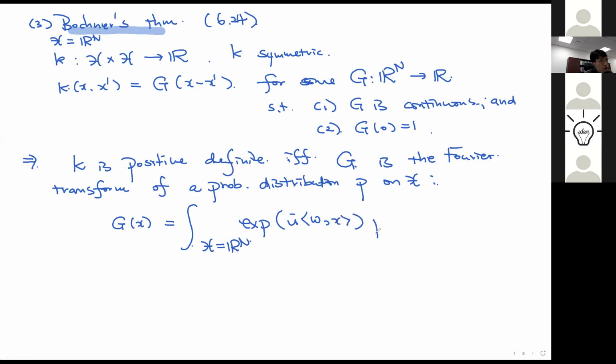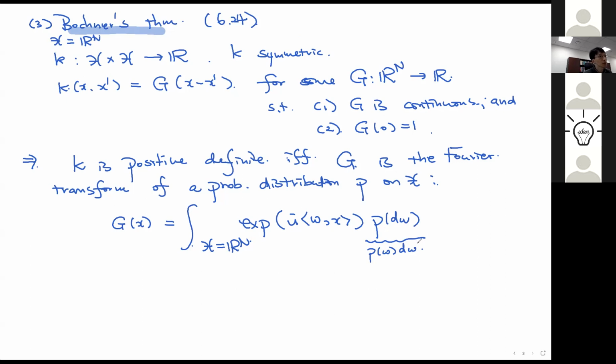We can write it with P of w dw, which means that we are computing the integration with respect to P. If this confuses you, just think of a probability distribution which has a density, then this is the same as P of w dw.